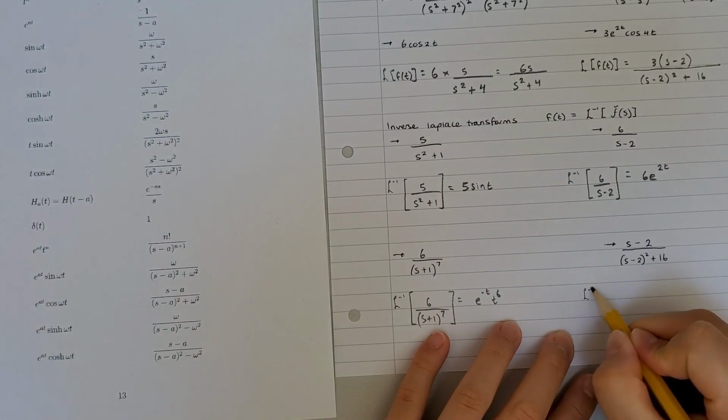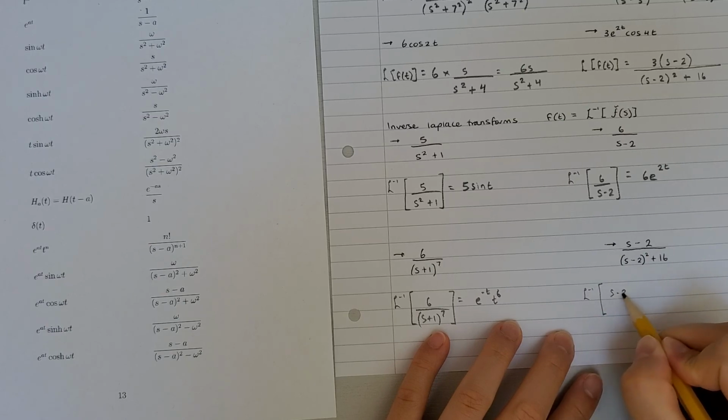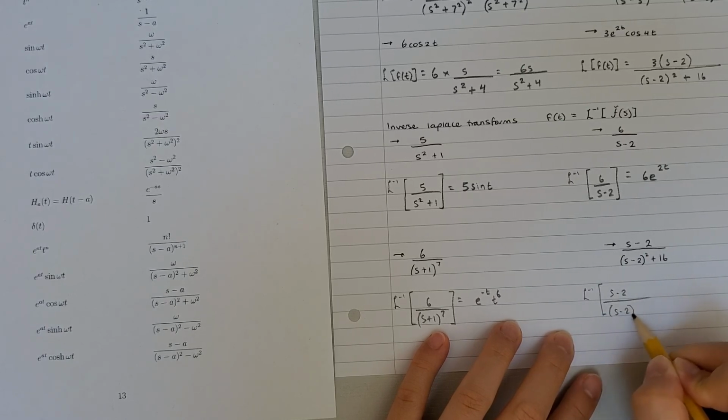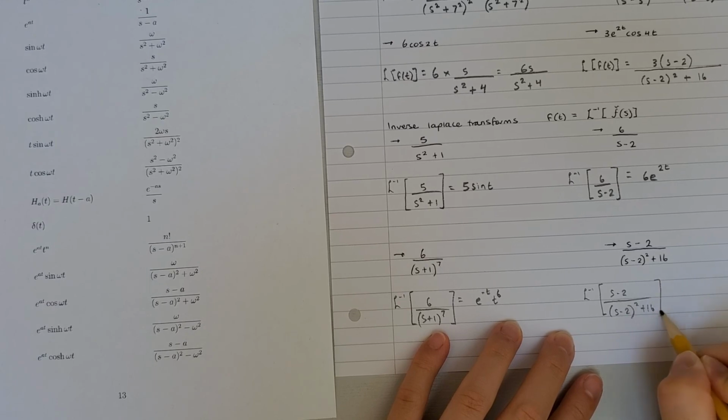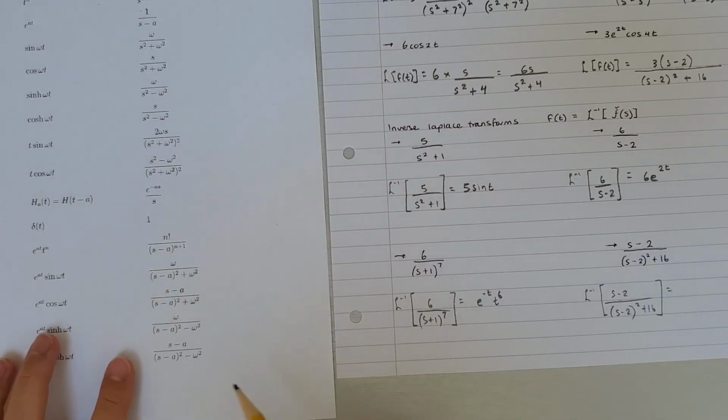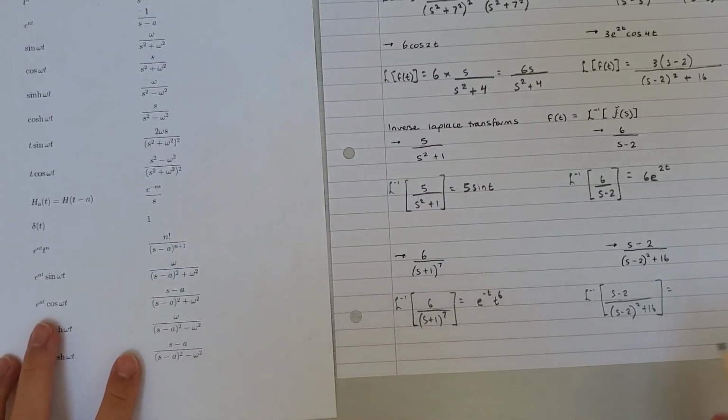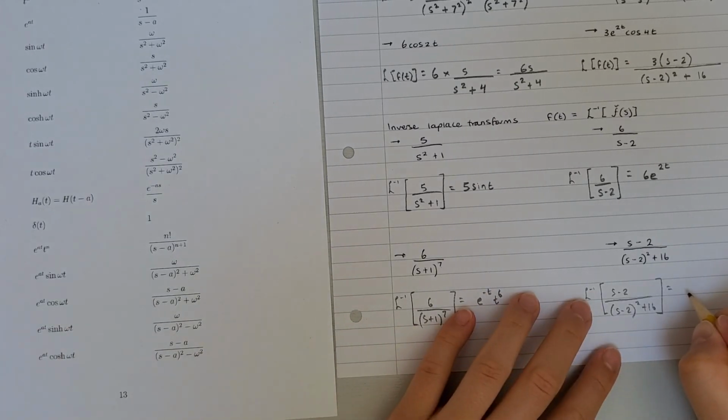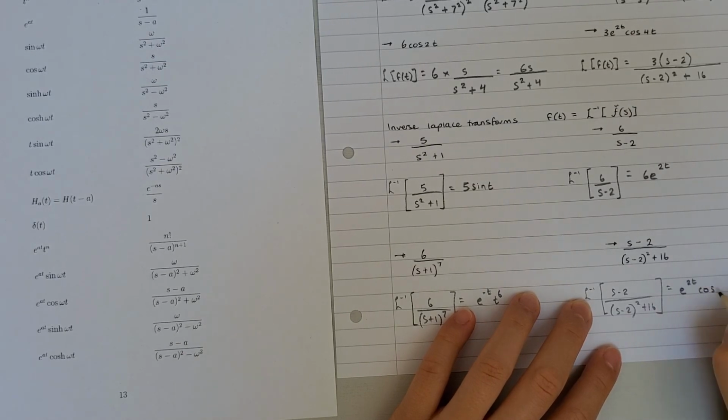So the inverse Laplace equals e to the 2t cosine 4t.